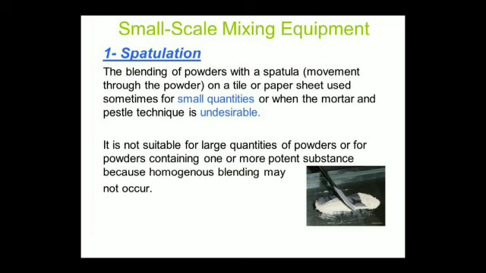Disadvantages: this method is not suitable for mixing larger quantities of powders, and it is not used for potent drugs. It does not produce a homogeneous product, meaning a uniform product cannot be obtained by the spatulation process.